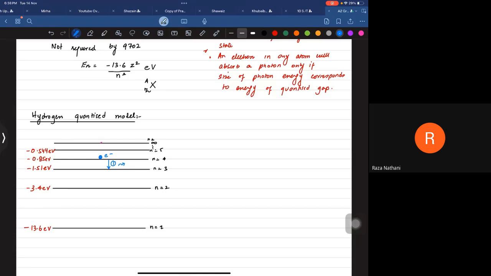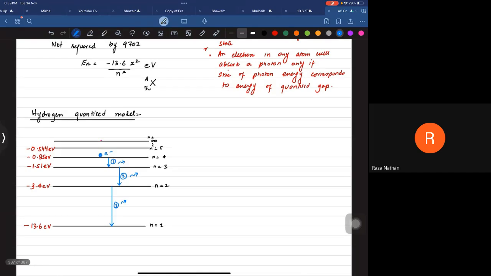Then they can also make a jump from 3 to 2 in the second step, and they release a photon according to the energy gap. And then they can make a jump from n=2 to the ground state, and they will release a photon. Alternatively, when they jump from n=3, they can also jump from 3 directly to 1.